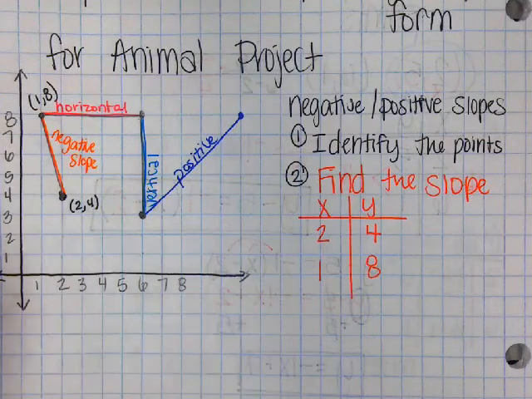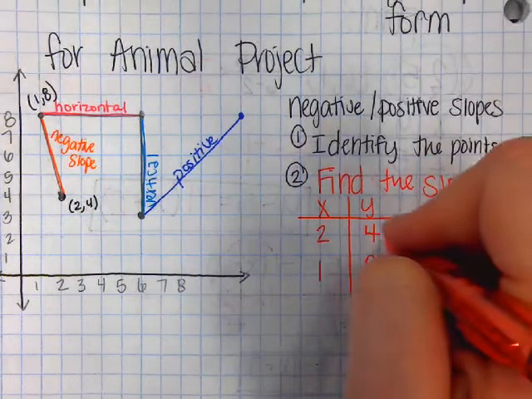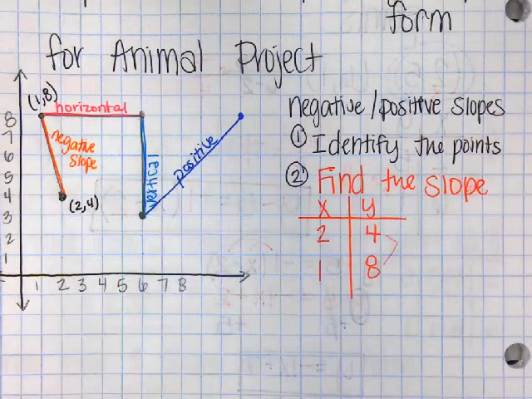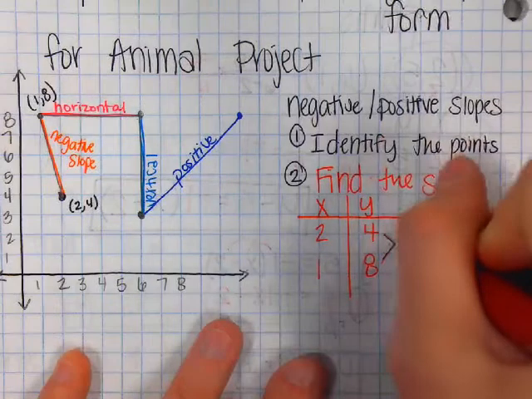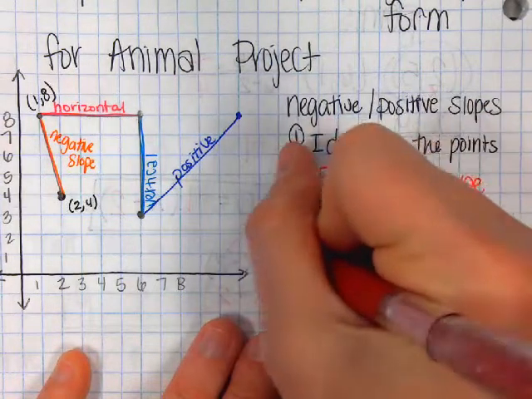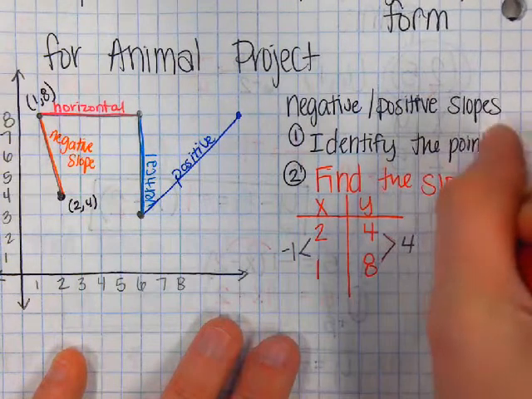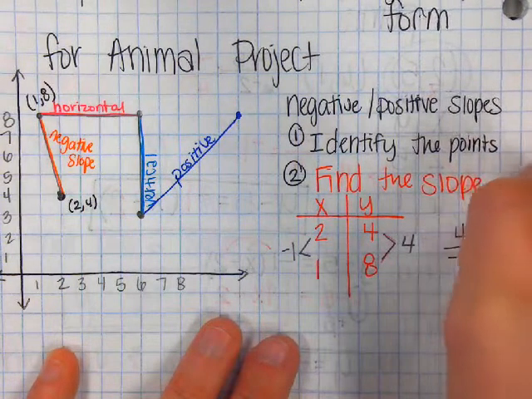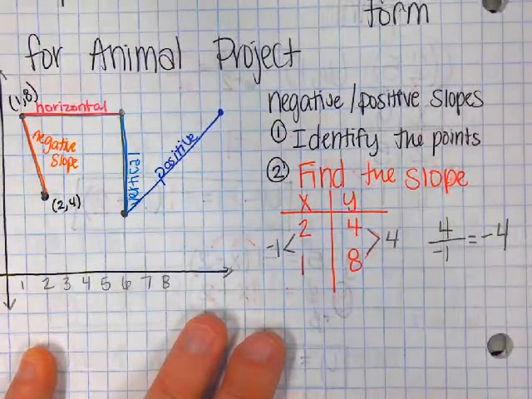So I'm going to go ahead and find it. From 4 to 8, that goes up 4. From 2 to 1, that goes down 1. So then whenever I find the slope, it'd be 4 divided by a negative 1, which is just negative 4.